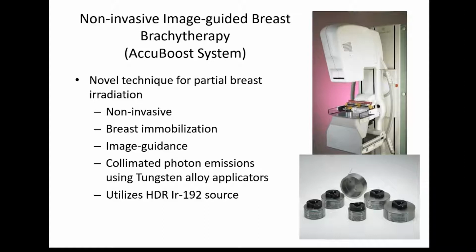It uses this highly collimated photon emission using these tungsten applicators, and I'll get into the dosimetry in a second. Again, I think another unique advantage of AccuBoost. And of course, an iridium-192 source as a brachytherapy technique. Next slide.